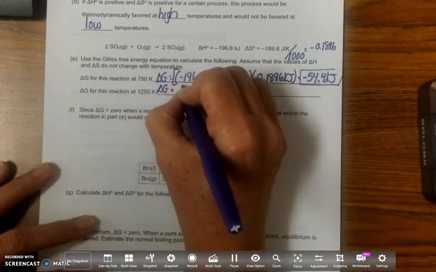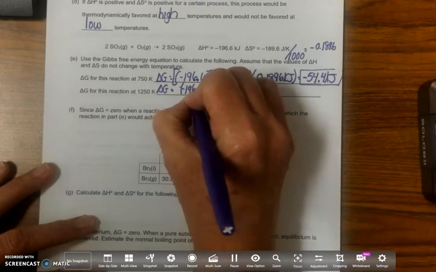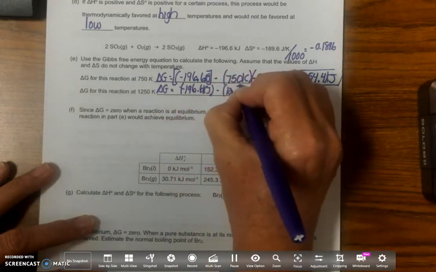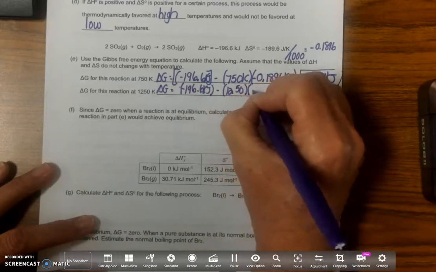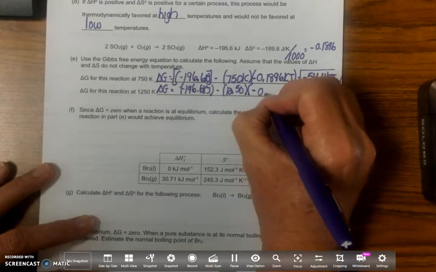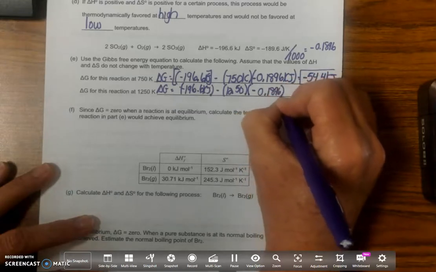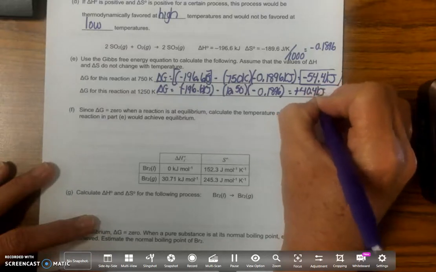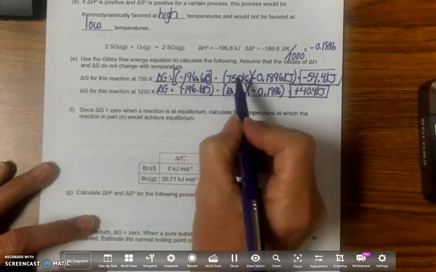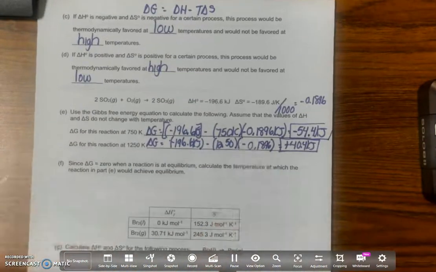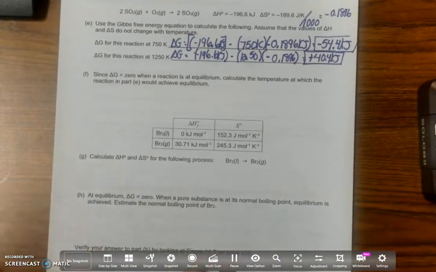I get negative 196.6 kilojoules minus 1250 times negative 0.1896, and I actually get a positive 40.4 kilojoules. Once I get up into these higher temperatures, just like it says here, it becomes not favored.